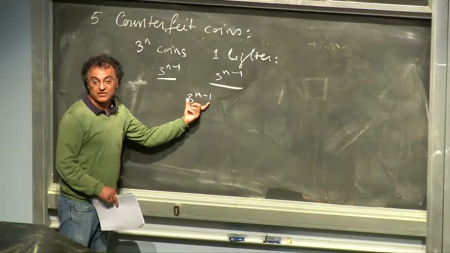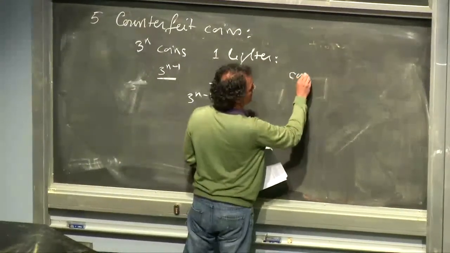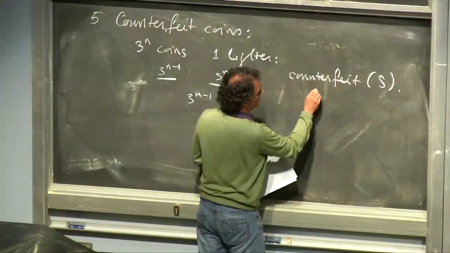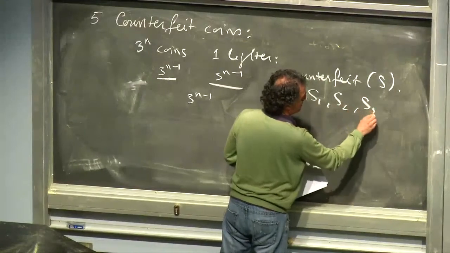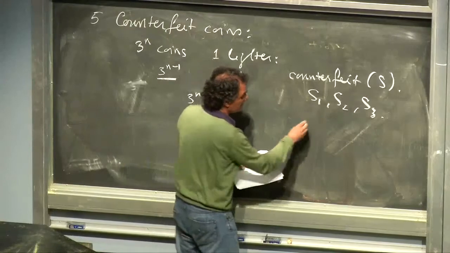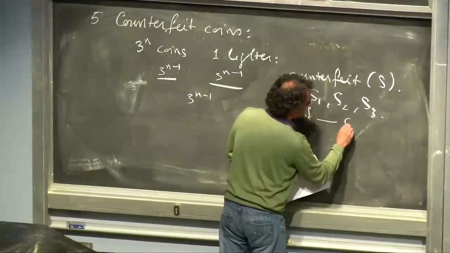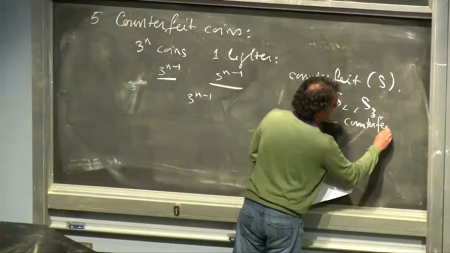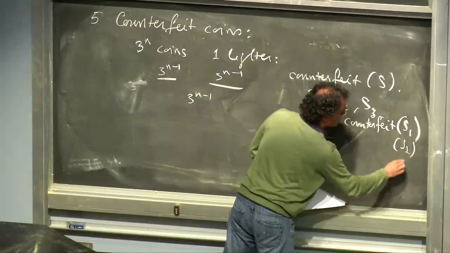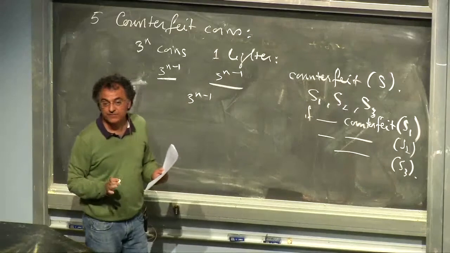So now what you have to do is recurse, right? So if you're saying counterfeit S, and then you divide into S1, S2, S3, in the 3 cases, you're going to call counterfeit S1 or counterfeit S2 or counterfeit S3. That's what you do, right?